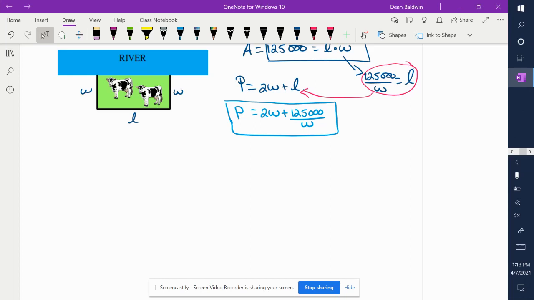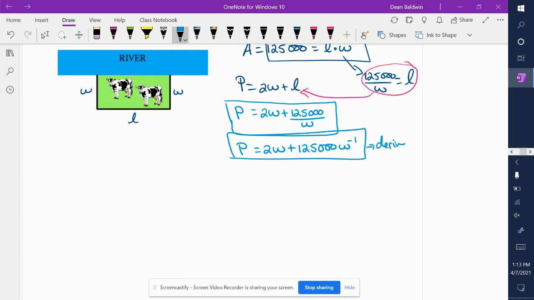Okay. Before I derive it though, because the W's in the denominator, what do I want to do? Rewrite it with a negative 1 exponent. So I'm going to rewrite it like that. Derive it.